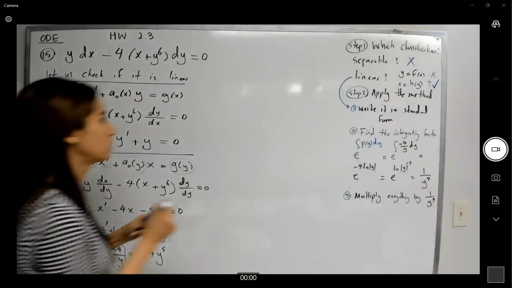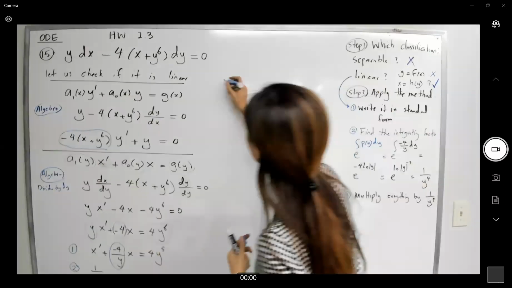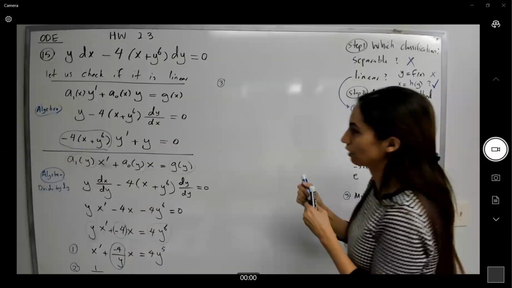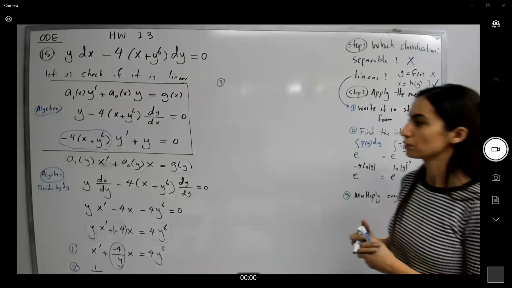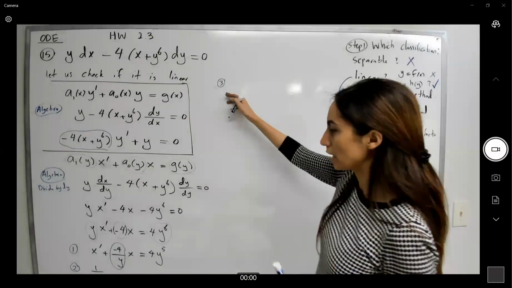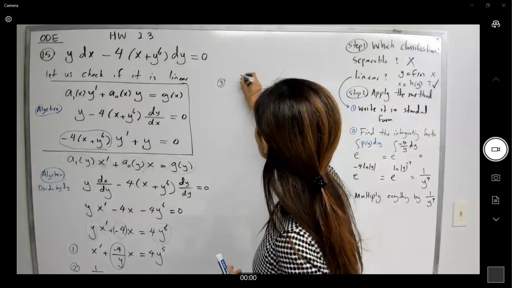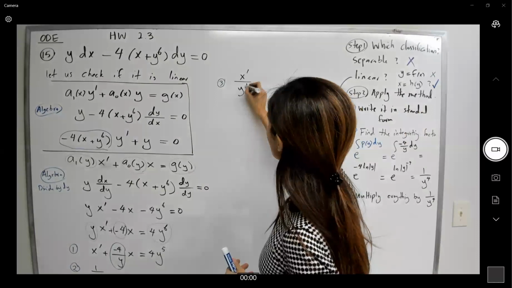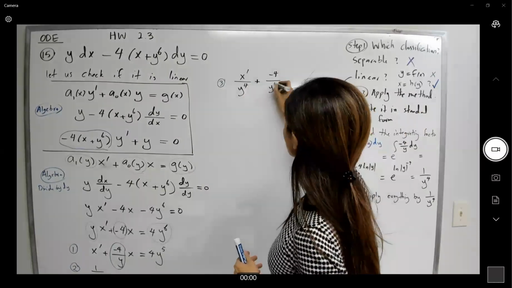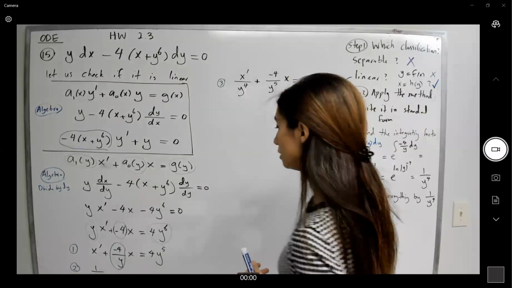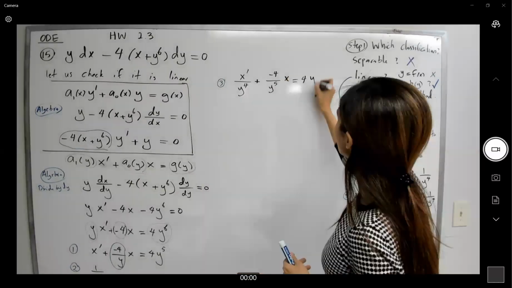Now, step 3, multiply everything by the integrating factor. It was not linear if you write it this way. So here you get x prime divided by y to the 4th plus negative 4 over y to the 5th times x equals 4y.